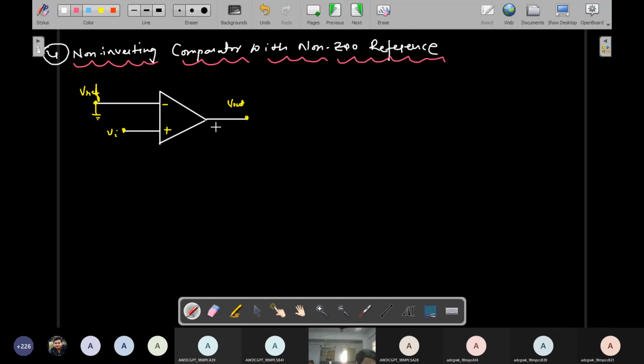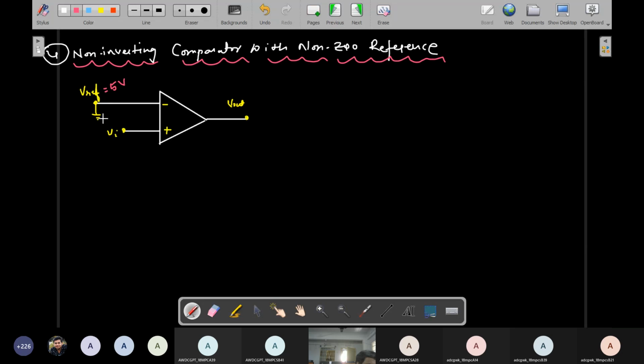See here, I'm using the same diagram, but right now I'll give the input directly to the non-inverting terminal. This is the input signal, and this is the reference voltage, 5 volts.